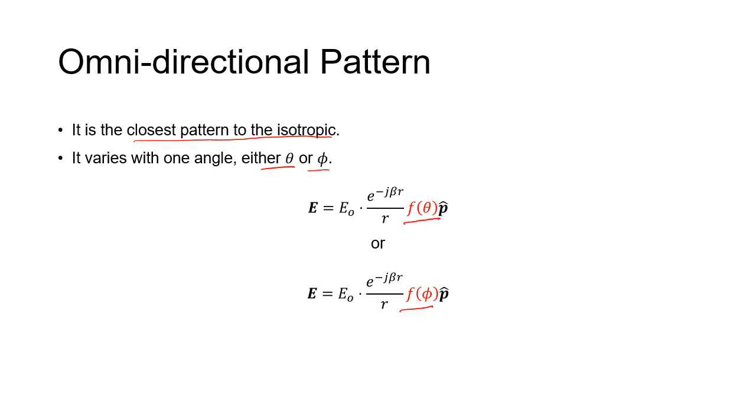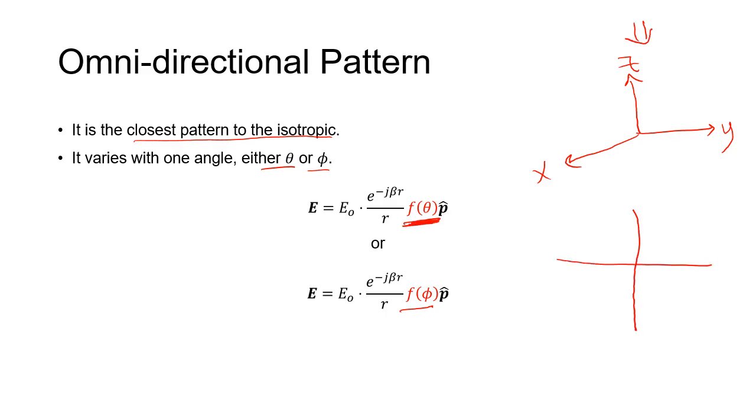Assuming we have a function of phi, how will it appear if we plot it in 3 dimensions with x, y, and z? If we look from above at the xy plane, you don't actually have any theta here. You just have phi, right? This means you will just see a circle.